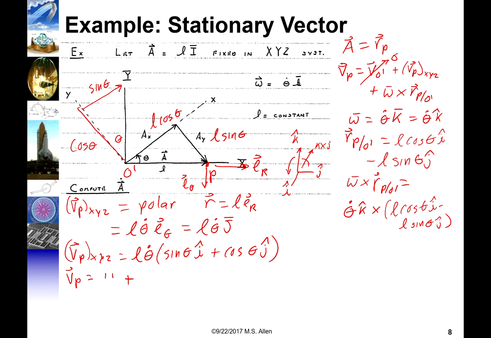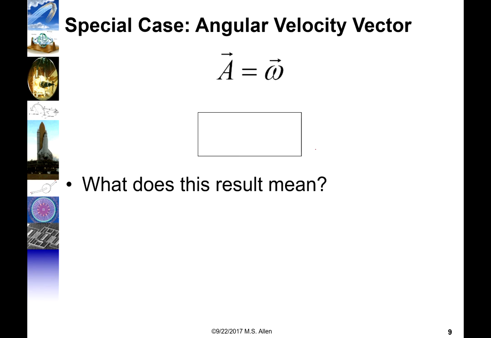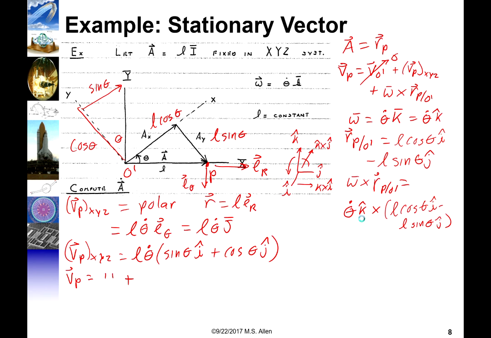So this would be k cross j, and this would be k cross i. So k cross j is a minus i. k cross i is just a j. So anyway, that will give us also an L theta dot.